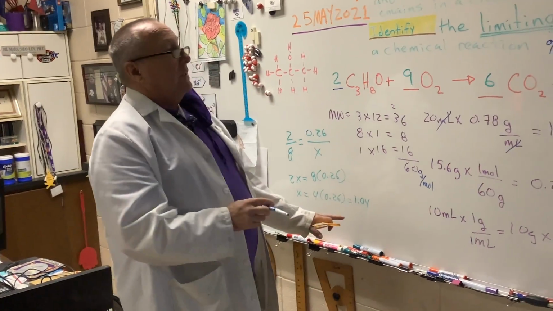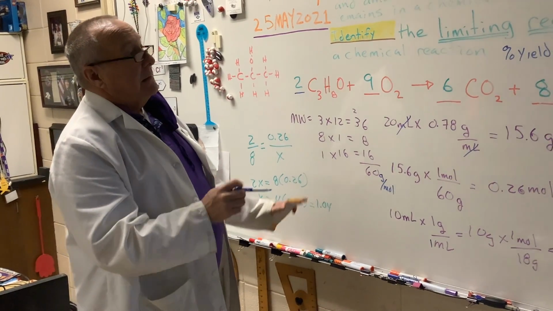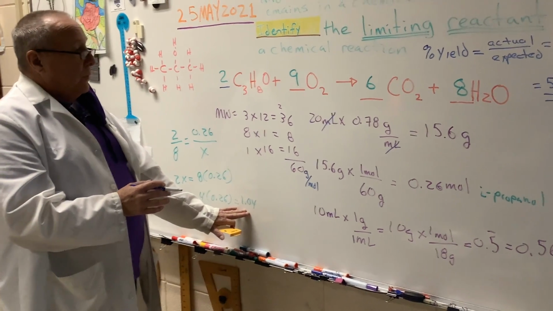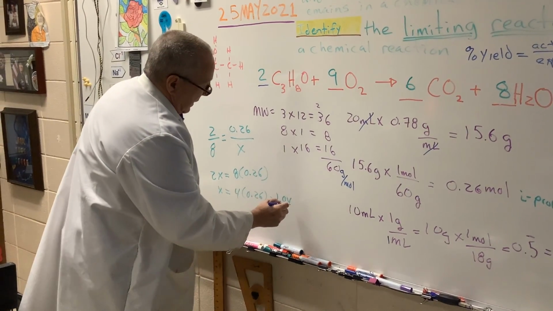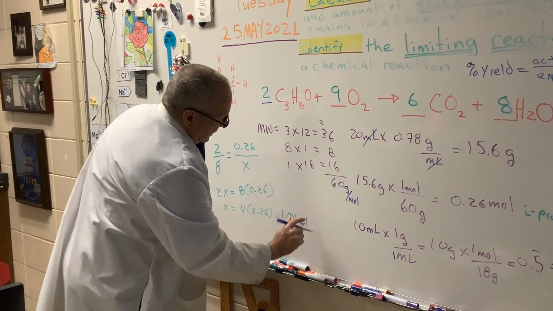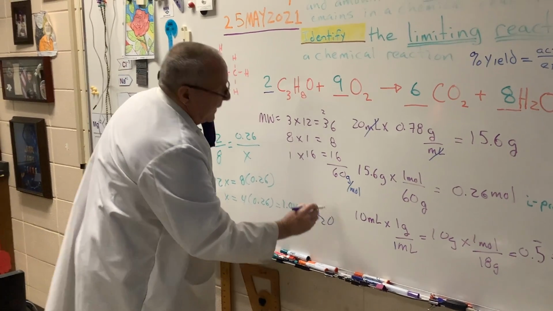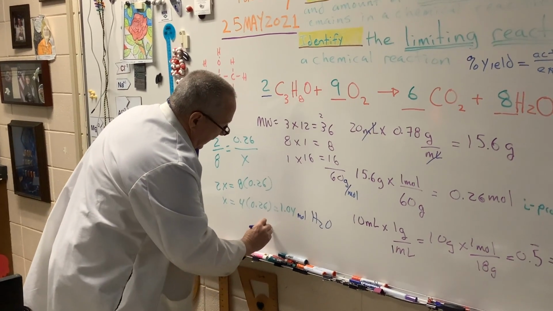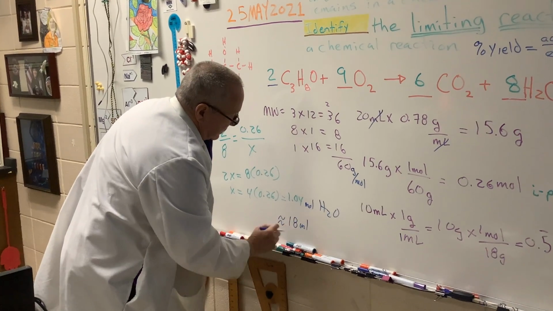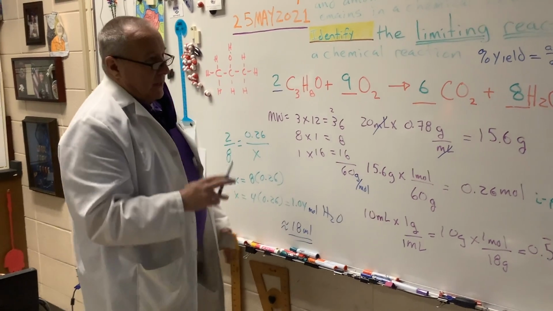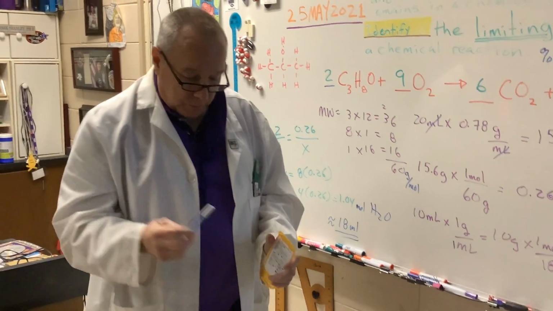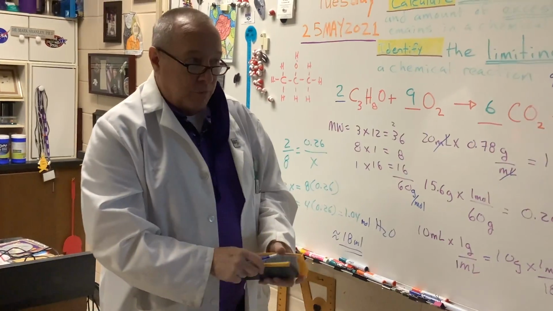We expected 1.04 moles of water, and at 18 grams per mole, that would equal approximately 18 milliliters. That is the answer to that question. The answer to my question, which is, what is the percent yield, is 54%.